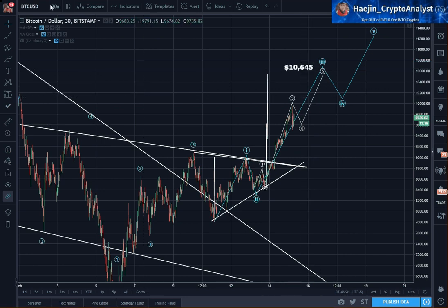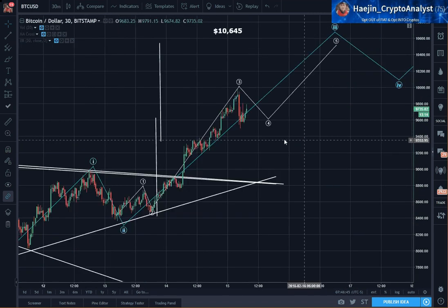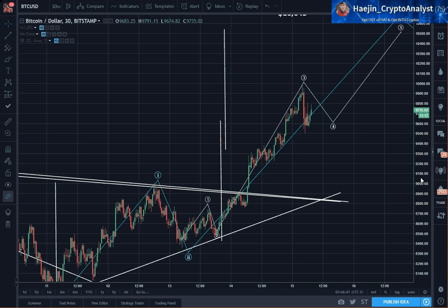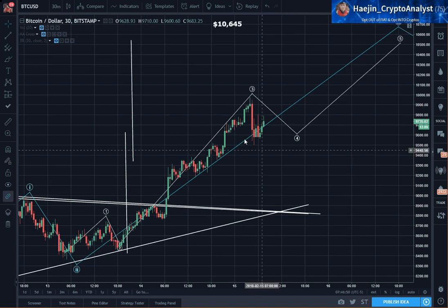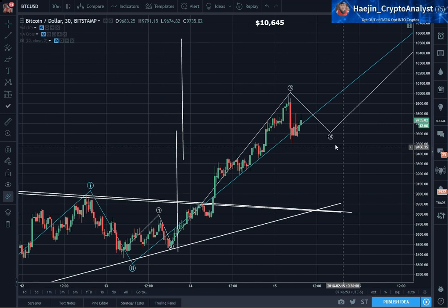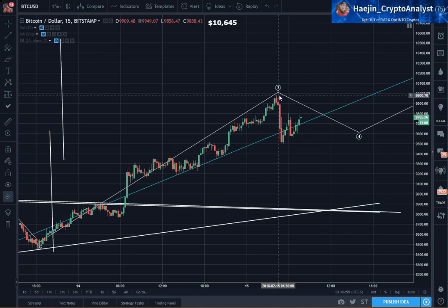If we go a little more deep into it in a higher resolution, let's go to 15 minutes, which I rarely do. So here we could have A, B, and one more down to C, maybe to 9,400.